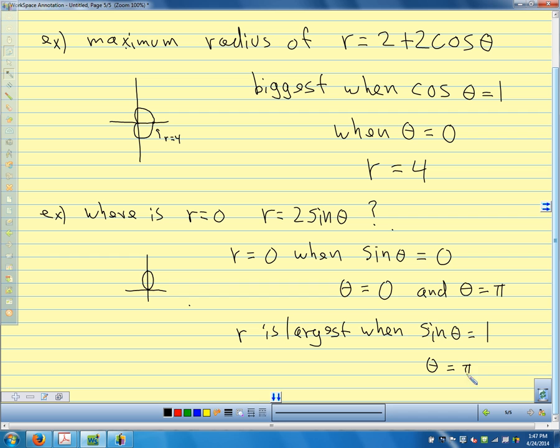Theta equals pi over 2. So right here on the pi over 2 axis, our radius is 2. So just knowing these couple of facts and knowing that this has pi over 2 symmetry, we could sketch a graph of r equals 2 sine theta. So that really helps us out with sketching these graphs. All right, questions? Questions so far?